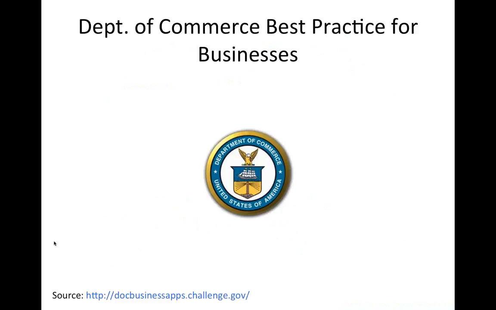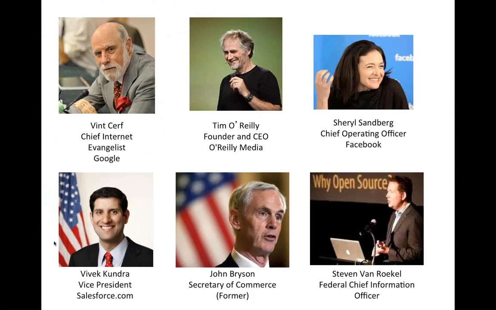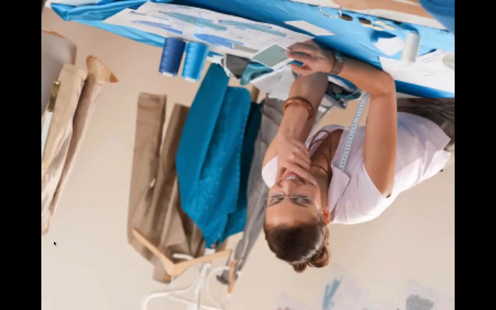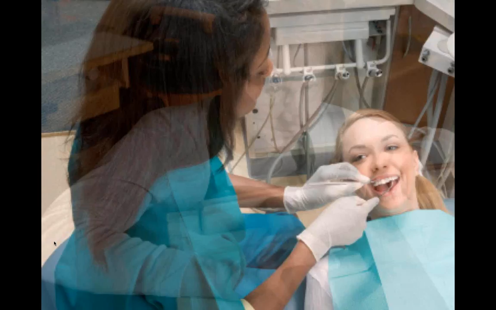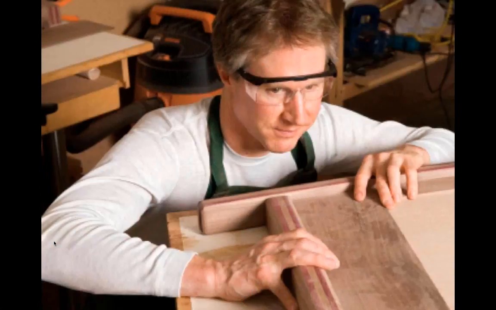So I'm going to show you a tool that the Department of Commerce cited as the winner of best practice for business. And it included a number of technology and business luminaries. And here's the concept. Basically, we know that small businesses know how to run their business. You know, they know how to make clothes, or they know how to fill cavities, or they know how to create furniture.